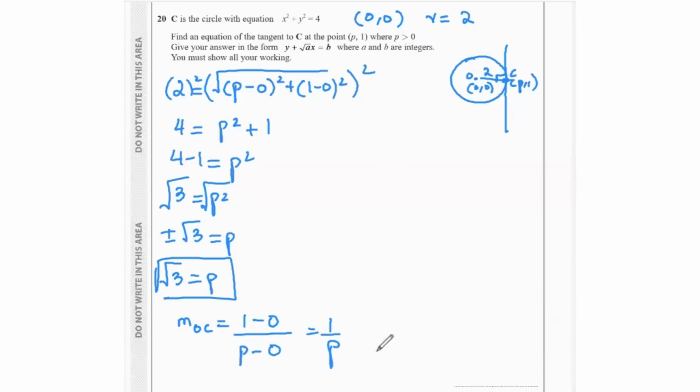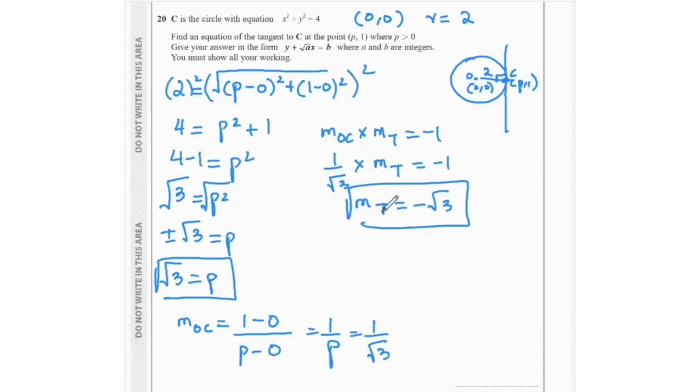P is given as root 3, so that's 1 over root 3. That is your gradient of OC. So gradient of OC times gradient of tangent equals negative 1, because both are perpendicular to each other. So 1 over root 3 times gradient of tangent equals negative 1, and the gradient of tangent would be negative root 3.